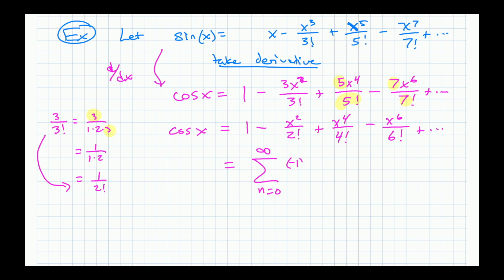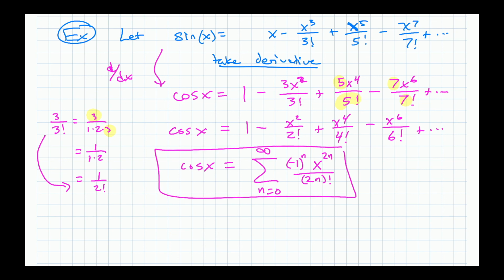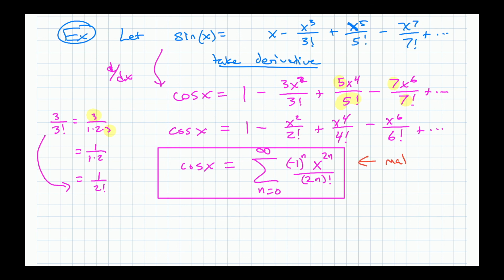It is negative 1 to the n, x to the 2n over 2n factorial. And this is what you already have in the table of series for the cosine function, right? So you can actually take the derivative of the sine series to get the cosine series. Interesting, yes?